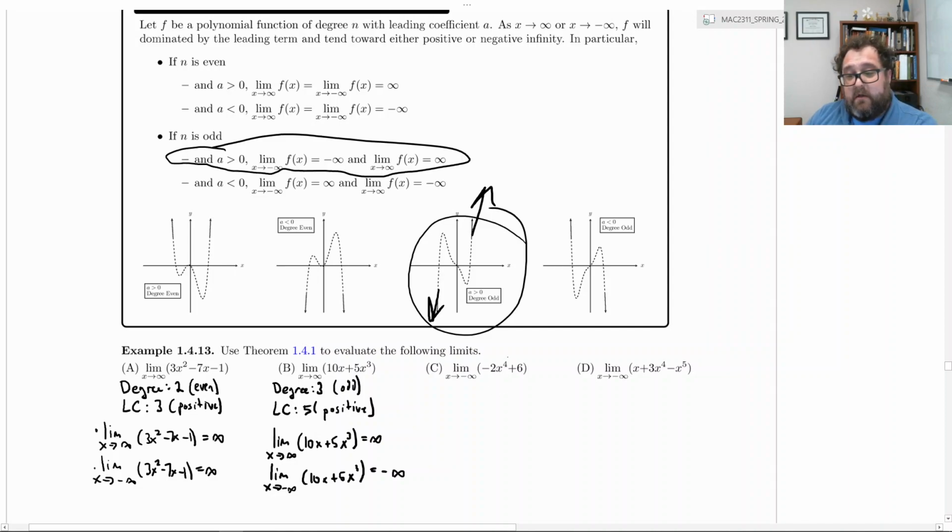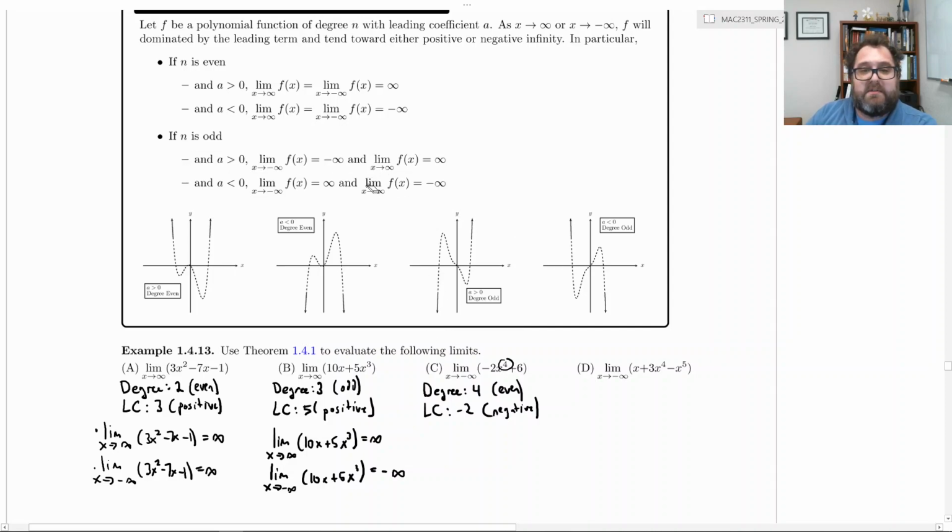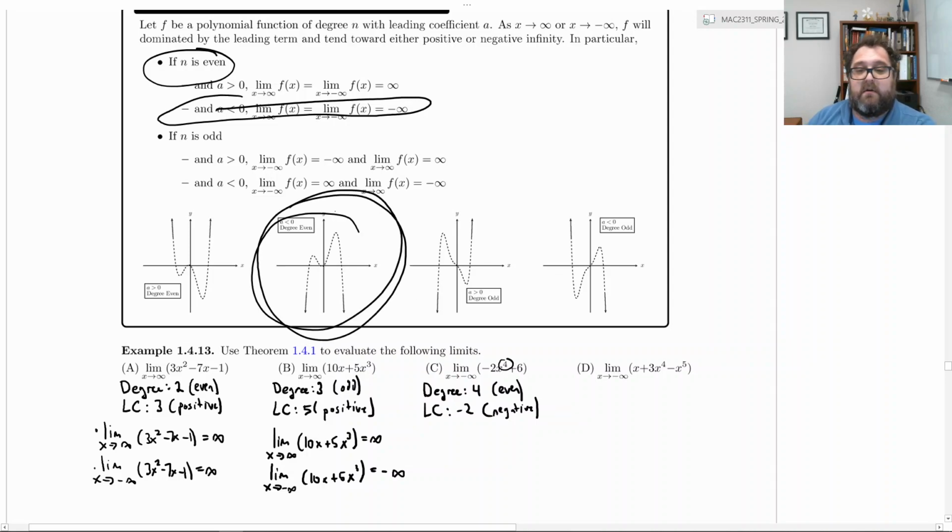Okay. Now, what about example C? Example C, notice the highest power of x is 4, so the degree is 4, which is an even number. And the leading coefficient, the coefficient that's paired with the x to the fourth, is -2. Negative is the important part there. Okay, so we have the degree is even and the leading coefficient is negative. So that means we're dealing with this situation right here.